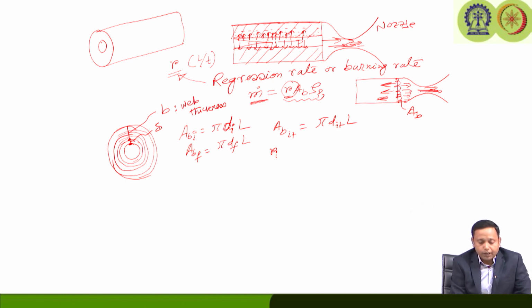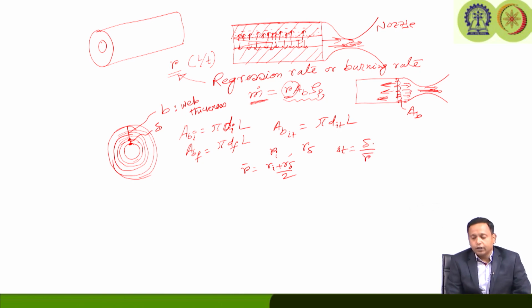So, we need to find out what the burning rate was for that first one, then the burning rate for that particular distance, r_delta, let us say. One can find out the average of the burning rate from there by taking 1 by 2, and from there they can get the time taken for the delta thickness, which is like delta by r. One can find out the time duration taken for burning the delta thickness, it is like that.